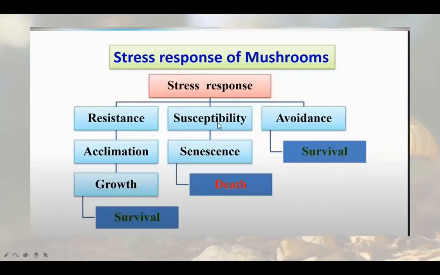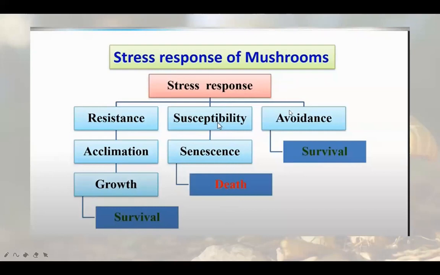When mushrooms are facing some stress, how do they handle it? If the mushroom resists that stress, it will acclimatize, it will overcome the stress and grow. That is, survival will happen. When the mushroom is not able to handle the stress and becomes susceptible to it, there will be senescence, which means aging, and then death will happen.